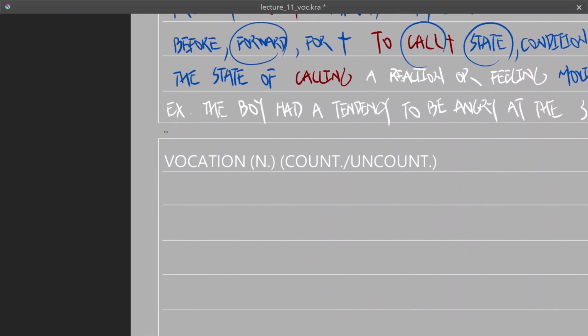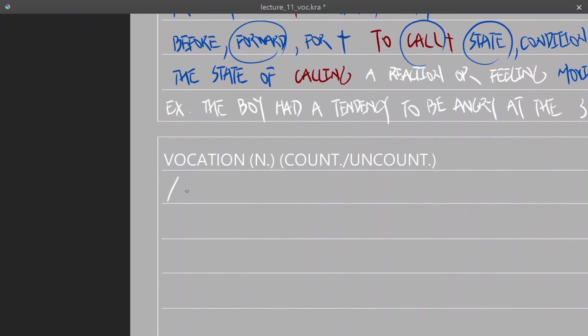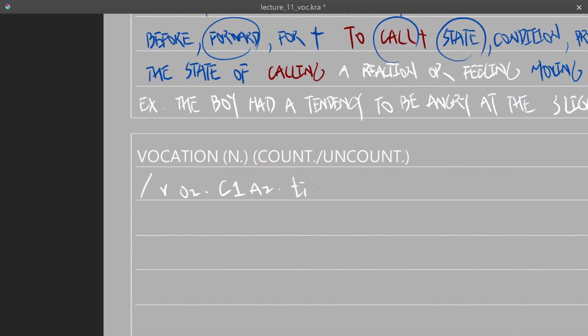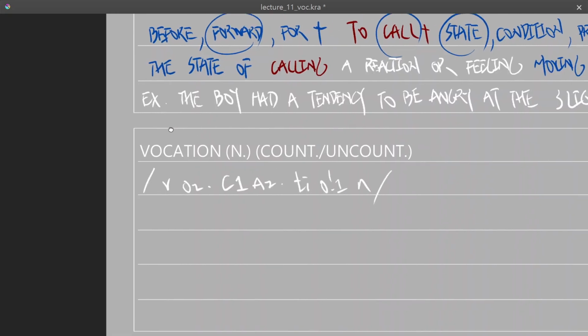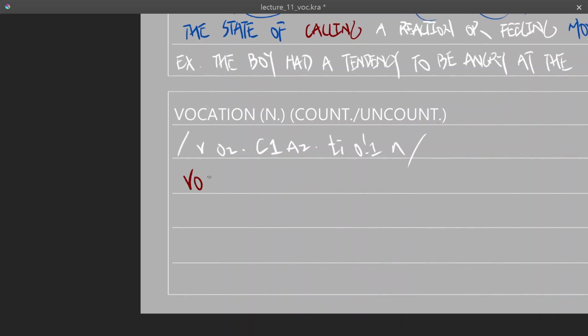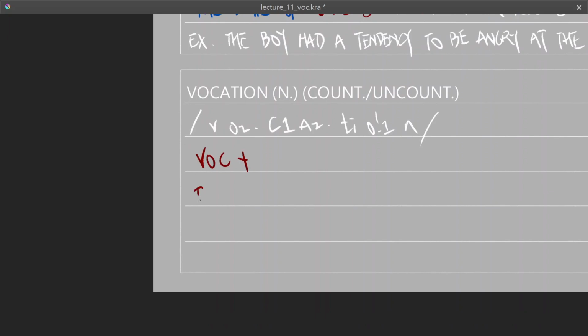Right, next we have vocation. Vocation. For vocation, we have the root voc, means to call.